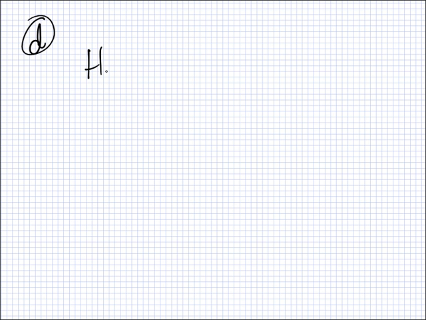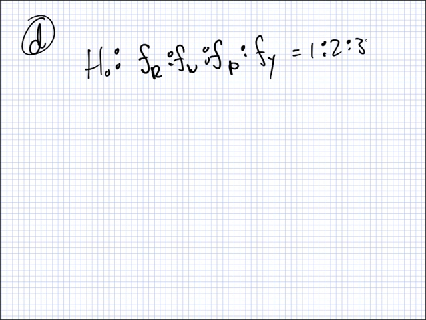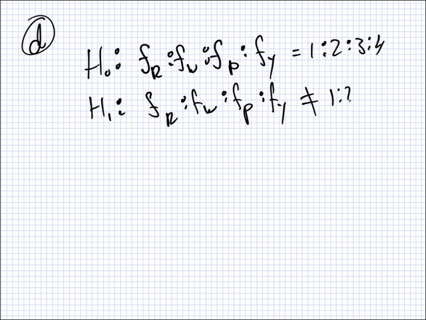Okay, so the null hypothesis is that the frequency of red, the frequency of white, the frequency of purple, and the frequency of yellow should be 1 to 2 to 3 to 4, and the alternative is that the frequency of red, white, purple, and yellow is not 1 to 2 to 3 to 4. Okay?